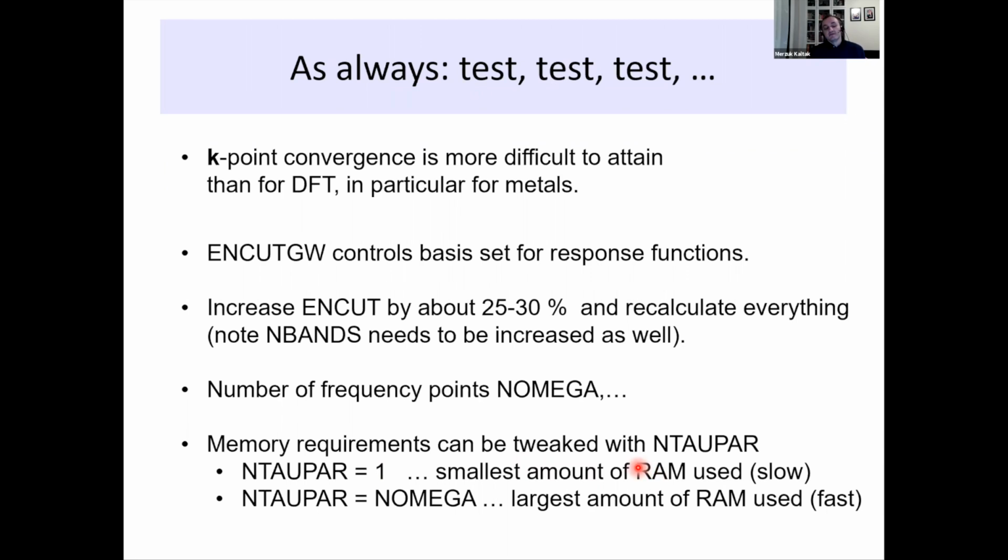However, it will also be slow compared to the highest possible value, which is NOMEGA, which uses the largest amount of RAM, but is therefore fast. However, if you're running calculations on one single node and the node belongs to you, so to say, you usually don't have to set NTAUPAR because VASP will estimate the optimum memory requirement from the Linux kernel.